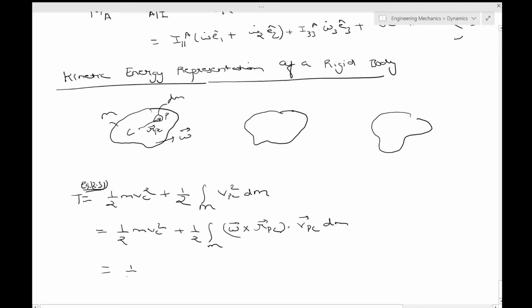Now we can write it as half m vc square plus half integral of rpc cross vpc dm, dot omega.